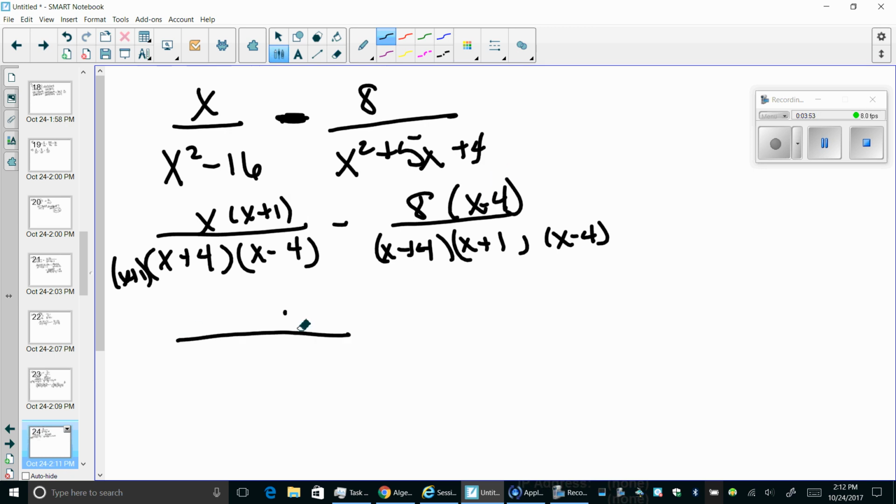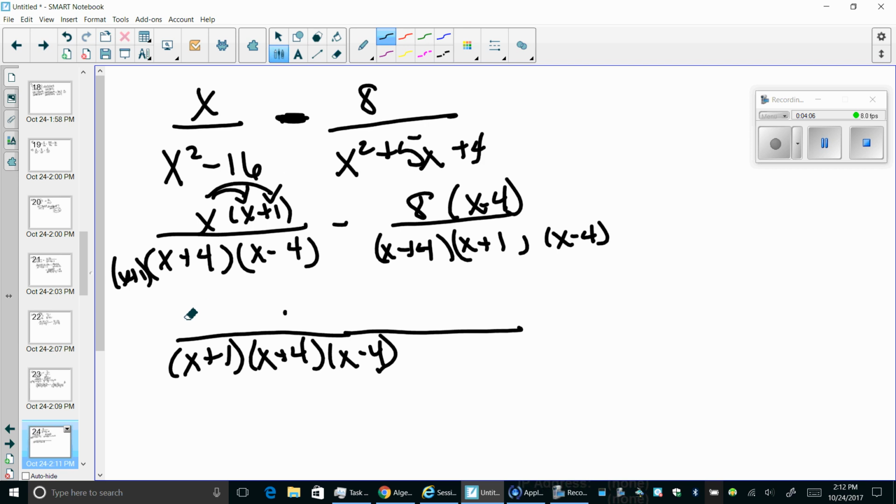So the bottom is going to have an x plus 1, an x plus 4, and an x minus 4. And the top is going to be x times x plus 1, which will be x squared plus x.